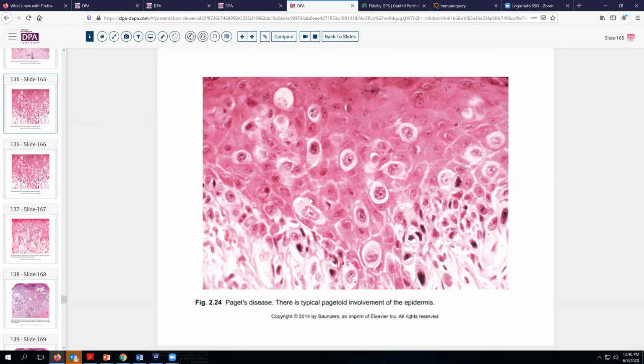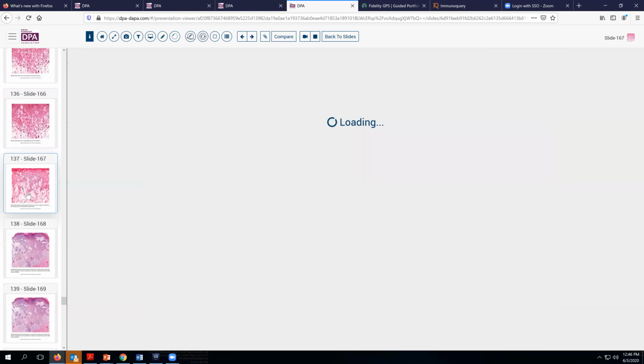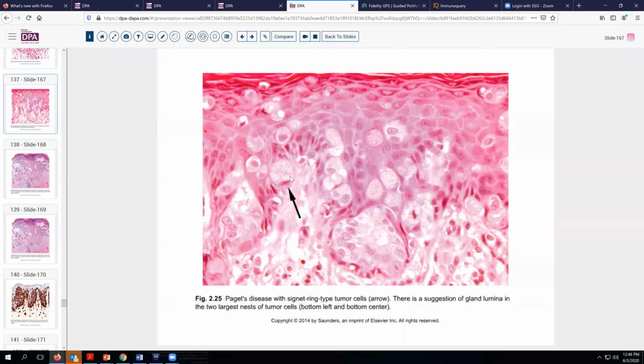You see that the cytoplasm and the nuclear features are different than the surrounding keratinocytes, and it's useful to take a look at those. Here's another image. Occasionally we'll get signet ring type cells or little intracellular lumina can be seen in these cases as well.